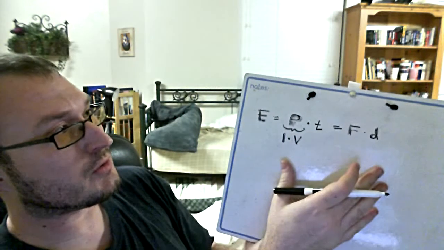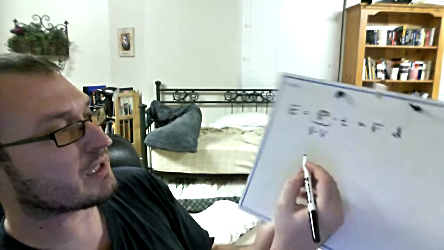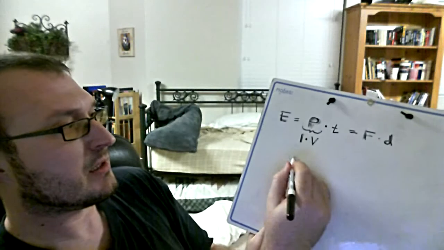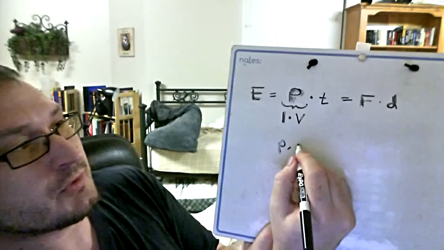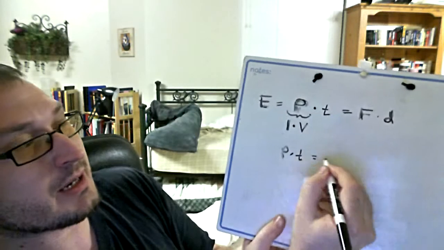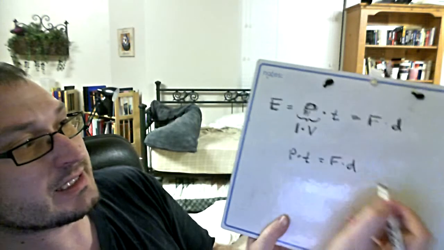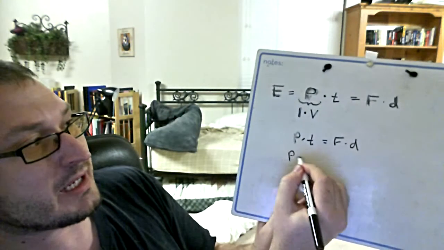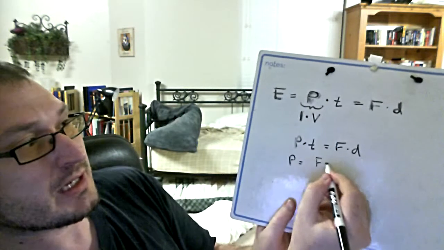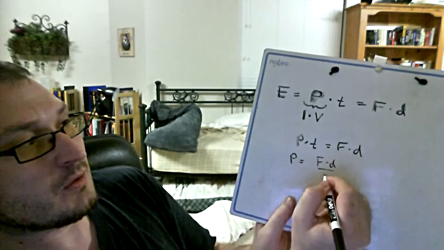So anyways, what you can do with this relation here: power times time equals force times distance. Power then equals force times distance over time.